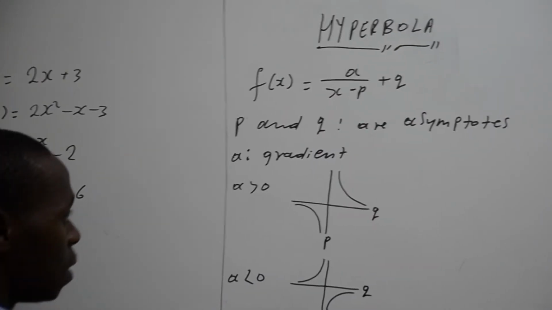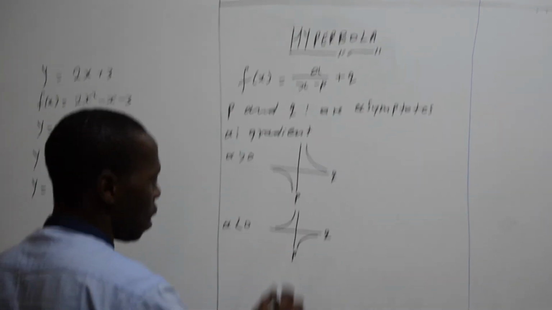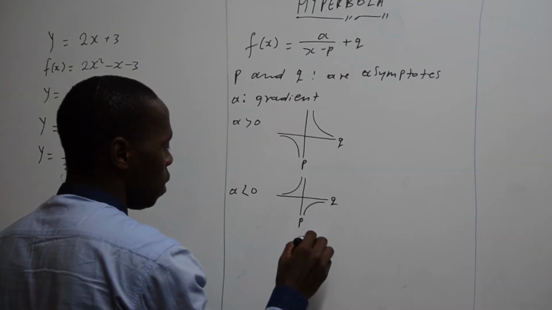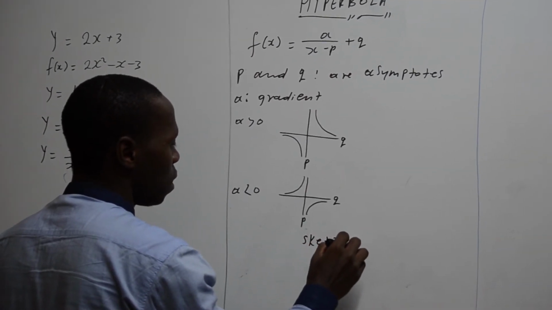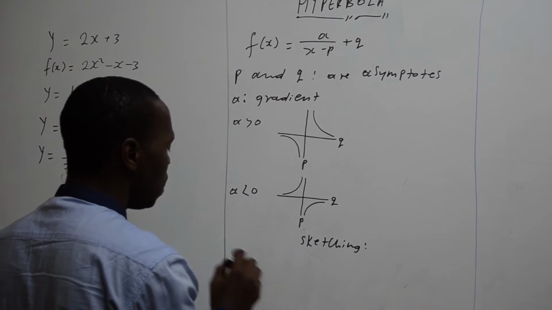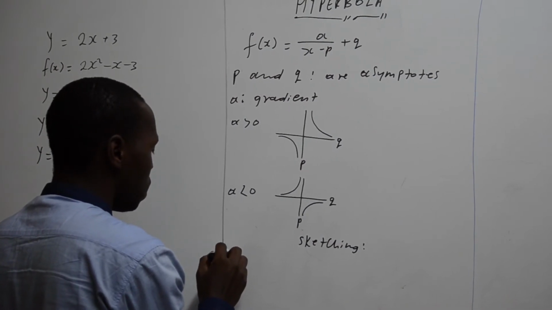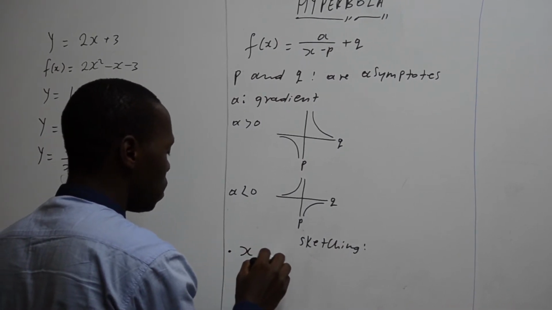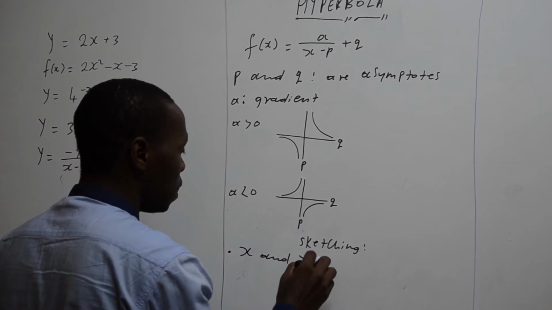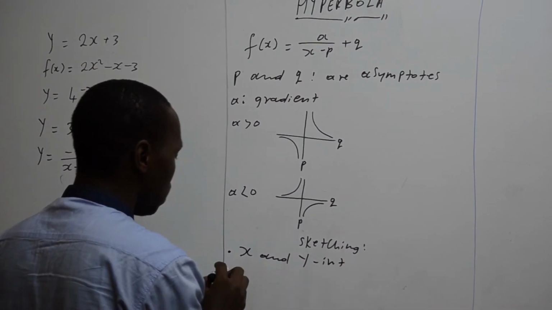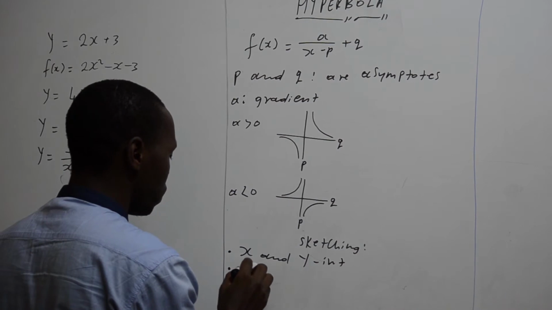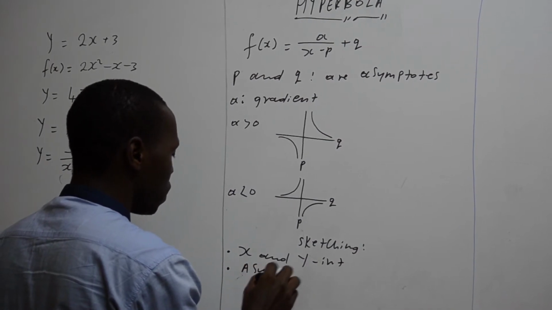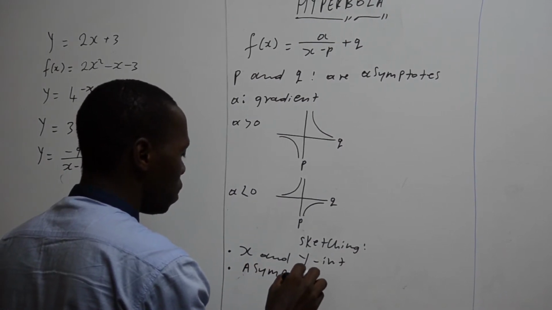So when you are sketching a hyperbola, you should know one thing: you only need the x and y intercepts, and the asymptote points, where the asymptotes meet.